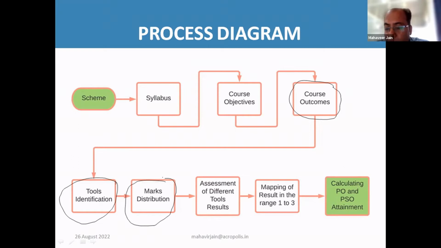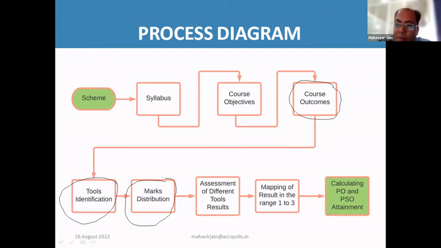Whenever you decide your outcomes, suppose I have decided one outcome: my student should be able to write a program for stack. For fulfilling that outcome, I need to plan some assessment method.